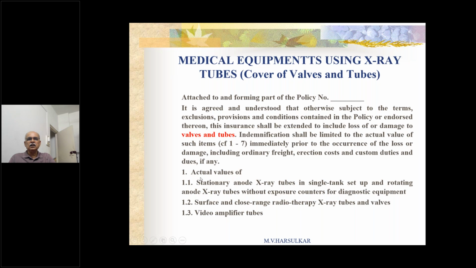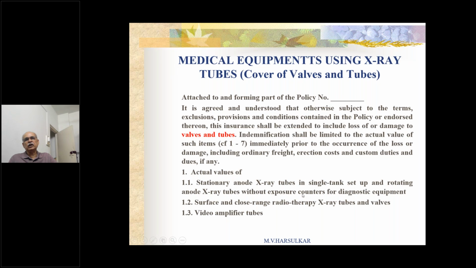These are the conditions. So actual values of stationary anode X-ray tubes in single tank setup, and rotating anode X-ray tubes without exposure counters, and the purpose is diagnostic equipment. So it is only used for diagnostic purposes, either in a single tank, stationary anode or rotating anode without exposure counters.